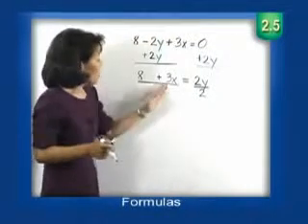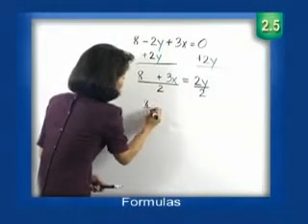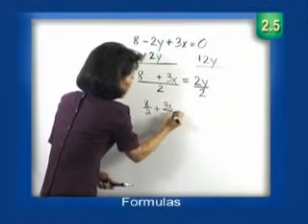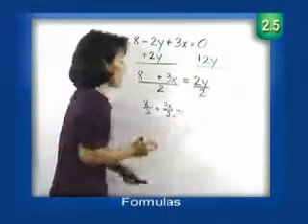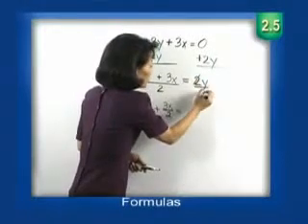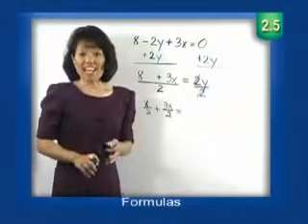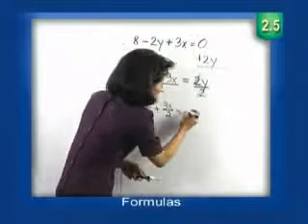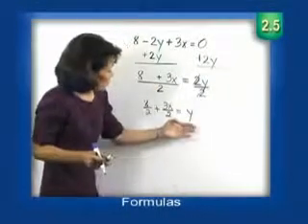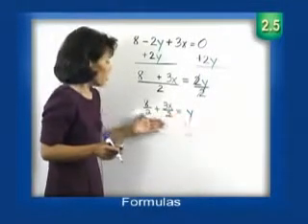We could probably just go ahead and split this fraction and rewrite this as 8 divided by 2 plus 3x divided by 2 equals, and notice on the right-hand side we have what we wanted. The 2's divide out there, and all that's remaining on that right-hand side of the equation is that blue letter y. So this here, y, is solved for, or we solve this equation for y.